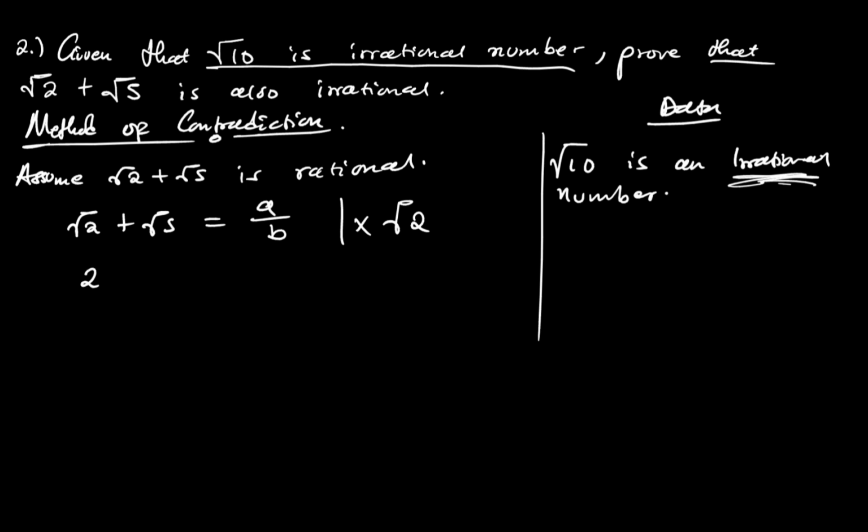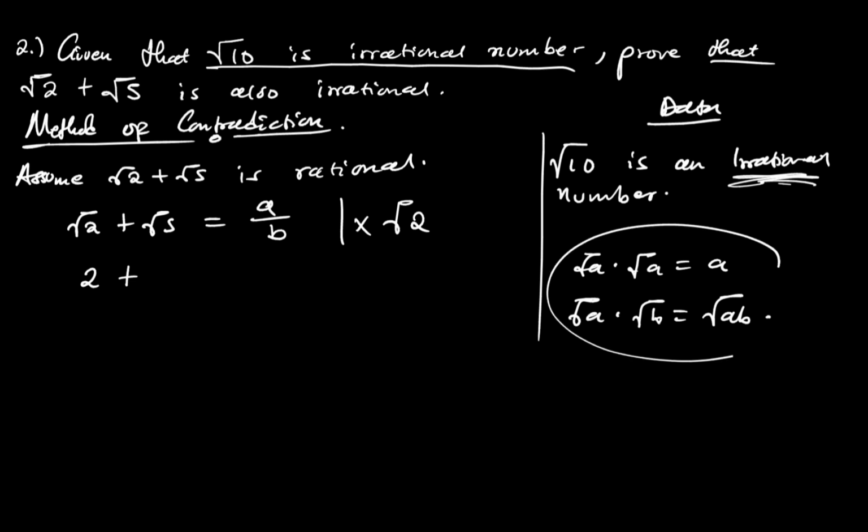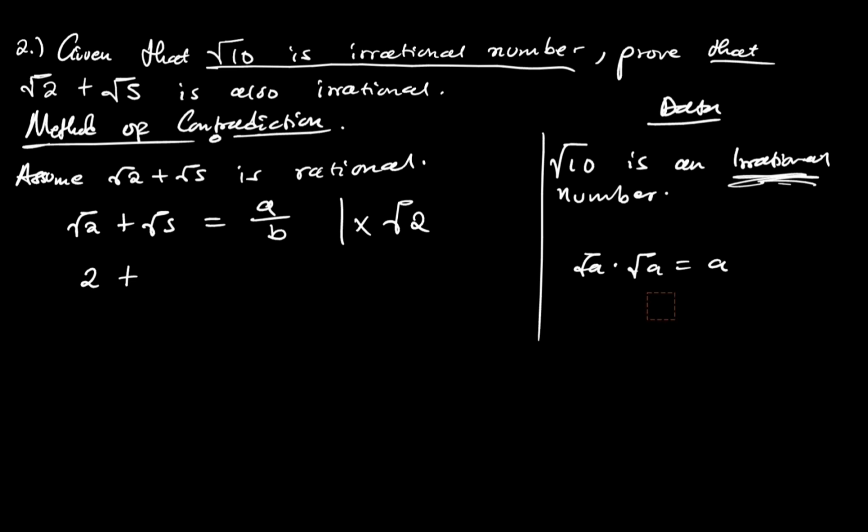Then root 2 times root 5, according to surd formation, we know that if you have root a times root a, you basically get a. If you have root a times root b, you basically get the root of what? ab. Don't forget this important surd form. So if I multiply root 2 by root 5, I'll get root 10, being equal to root 2 times a, that is root 2a over b.